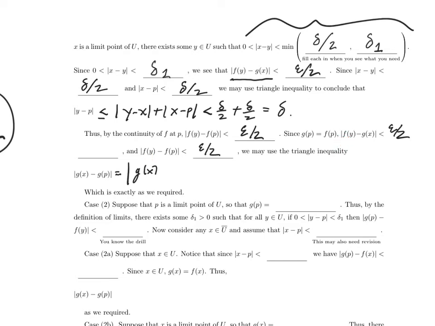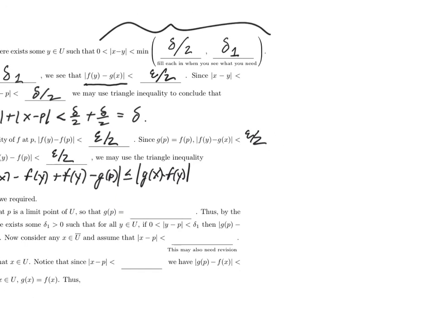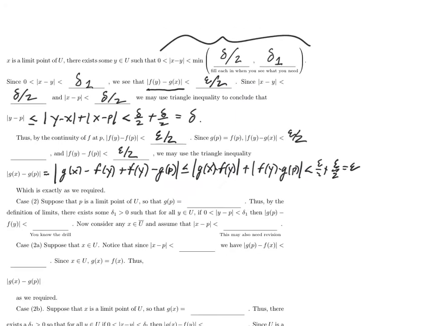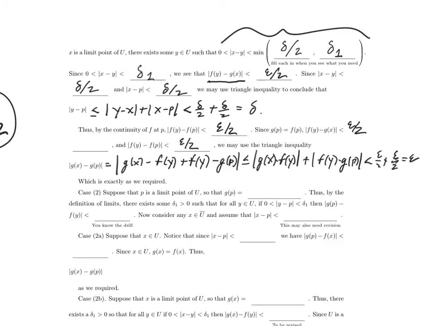So I'll add and subtract f of y, minus f of y plus f of y, minus g of p, which is less than or equal to the absolute value of g of x minus f of y plus the absolute value of f of y minus g of p. That's less than epsilon over 2 plus epsilon over 2, which is equal to epsilon. Hooray! Which is exactly as we required.